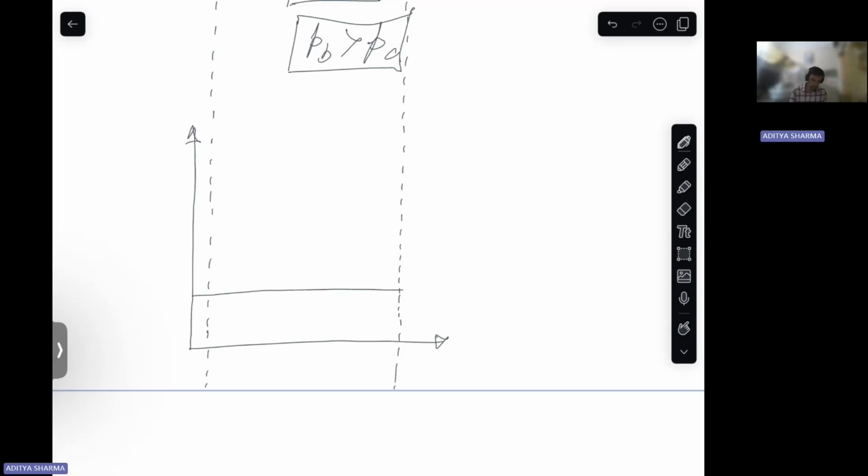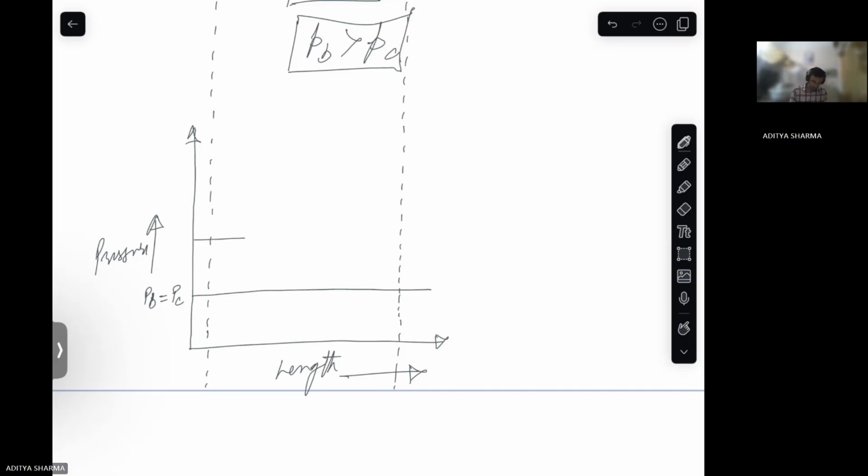Okay, so this is your plot. Here we have pressures, here we have lengths, so this is along the axis of the nozzle. So this is your PB equals critical pressure, back pressure equals critical pressure.